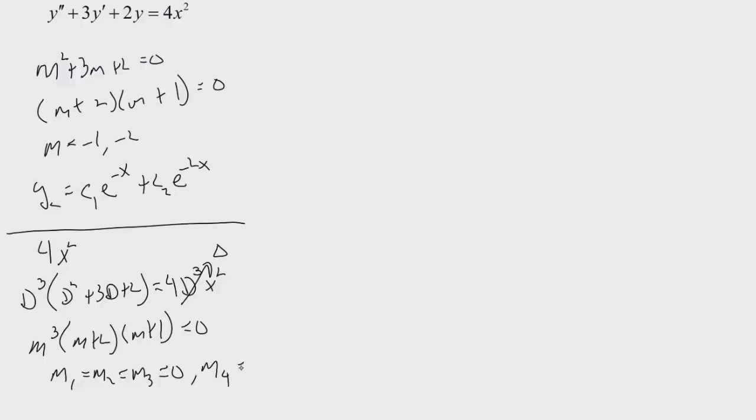And I'll just call the fourth and fifth solutions the original two that we threw in for our complementary form. So our general solution is going to have the format of C1 plus C2x plus C3x squared, and then those other two components that we found, e to the -x plus e to the -2x.